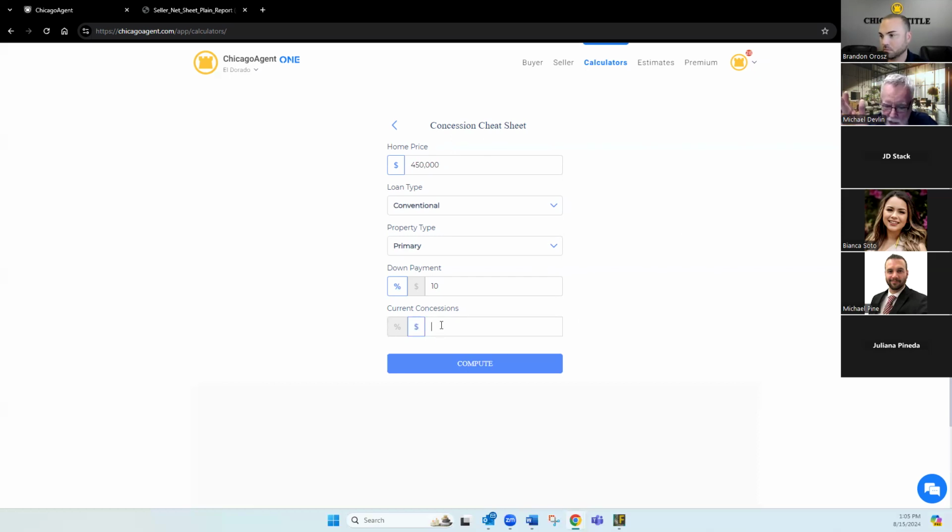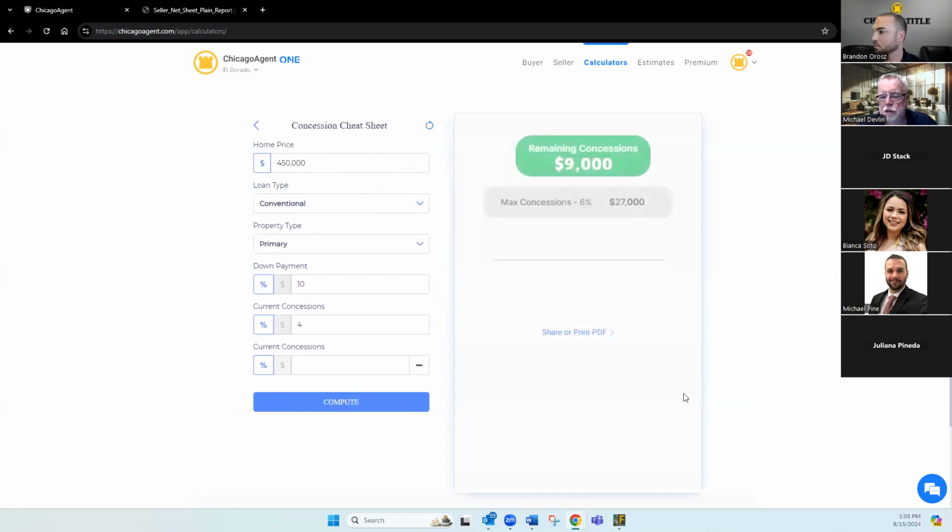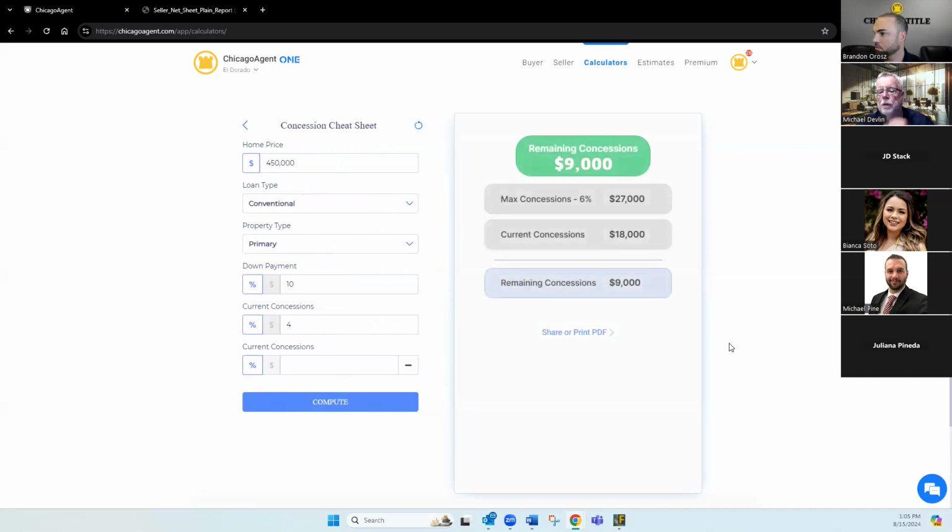We rarely in California hit this maximum, but why don't you put in 4 in terms of percentage, just for fun, and then compute. See, I know 4 is under. Now, the concession limit is 6 to 9, depending upon the loan price. And notice it has automatically calculated those concessions.